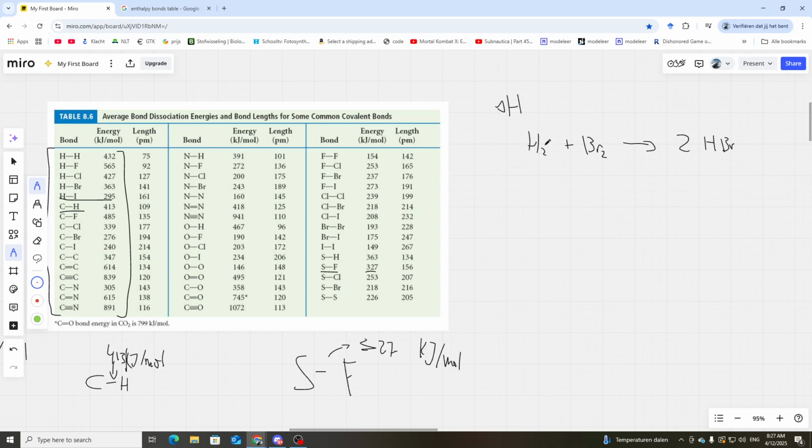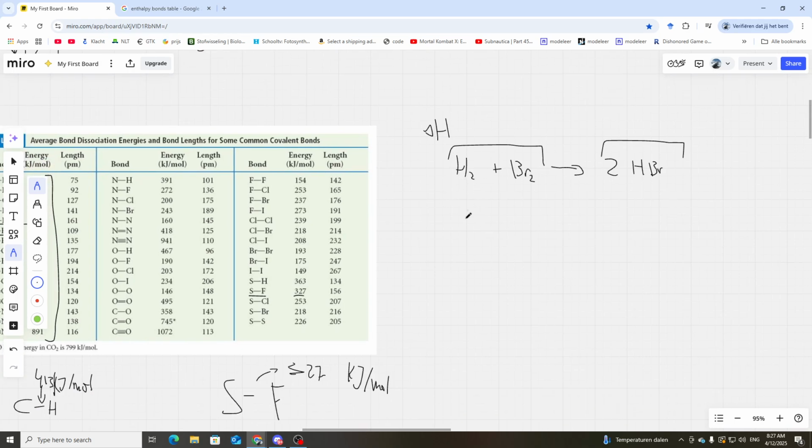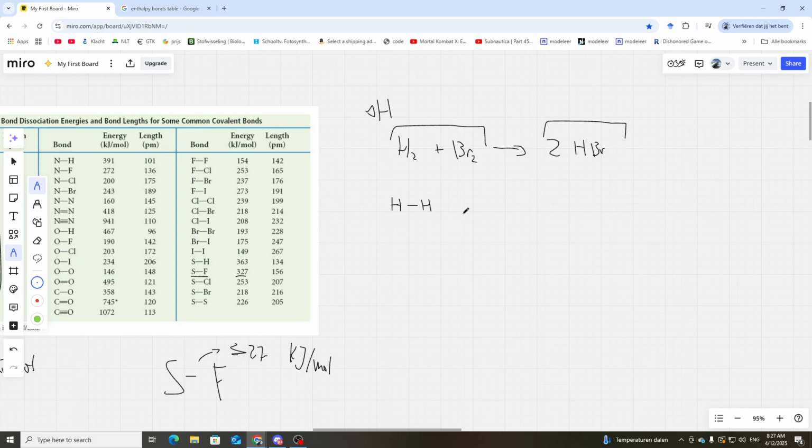So I'm going to start drawing all of my reactants and all of my products, right? These are my reactants, and these are my products. H2, how do I draw that? I need to put down two H's and one bond in between. And now everybody's happy. H only wants one bond, so both H's are completely happy.